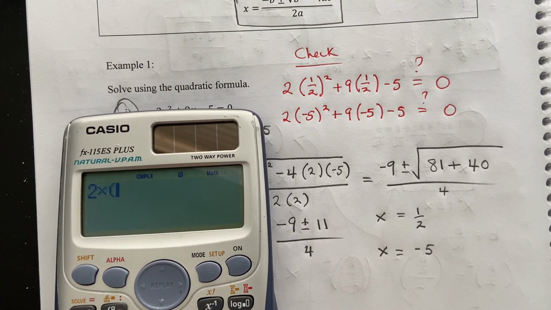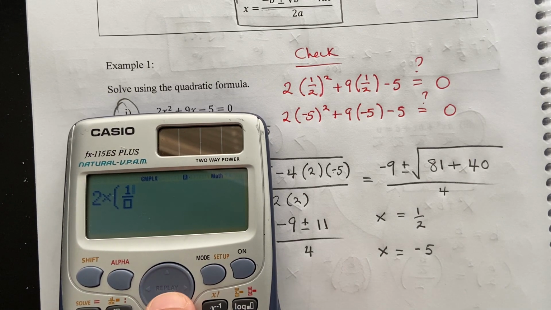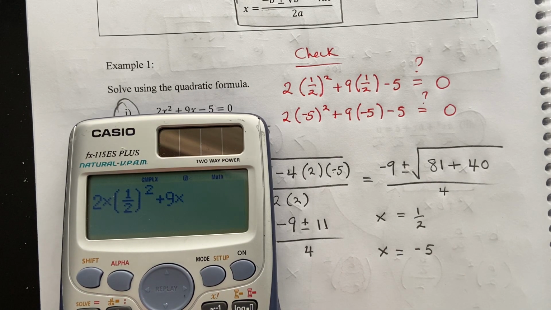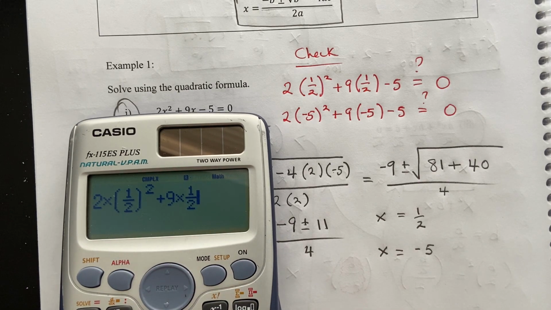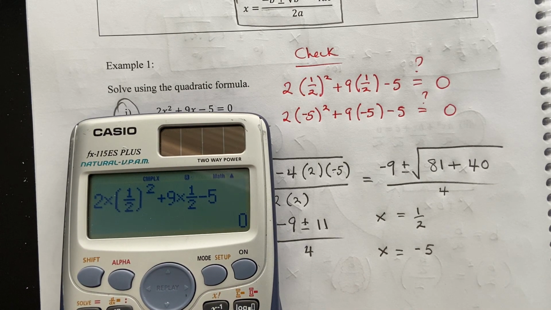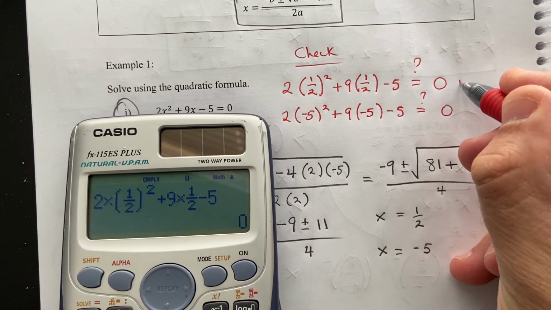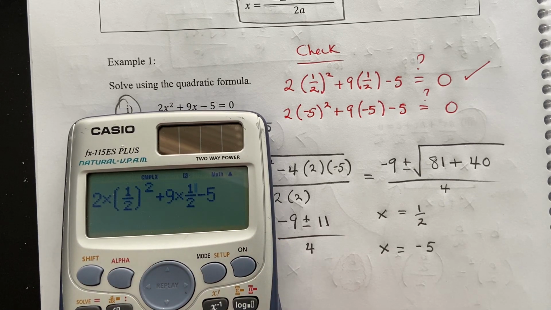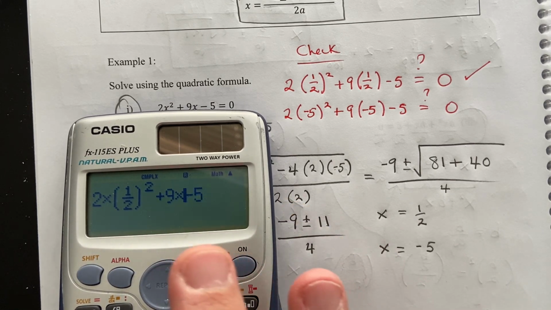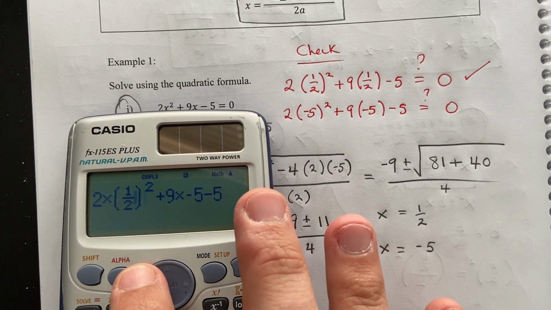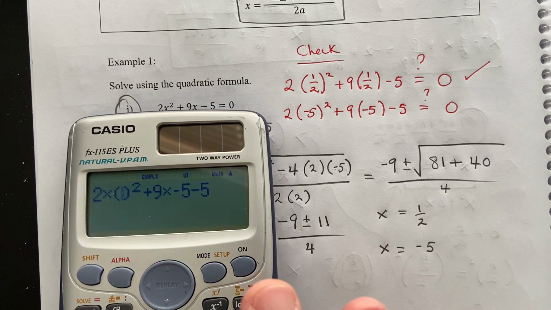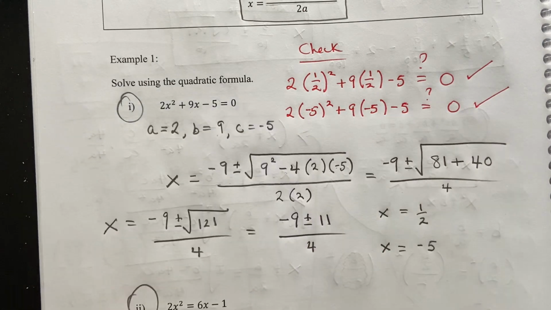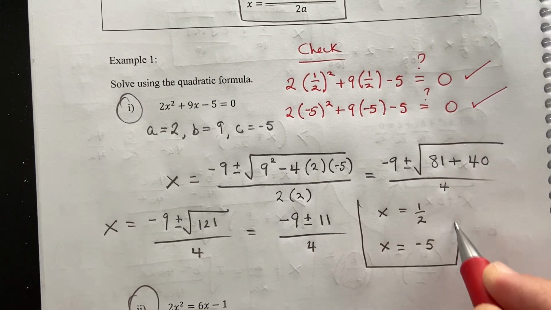So 2 times 1/2 squared plus 9 times 1/2 minus 5. I'm hoping to see a 0 there, and I do. So this one is good. And then I can go back and change this 1/2 into a negative 5. I also get 0. So indeed, the quadratic formula did solve this one.